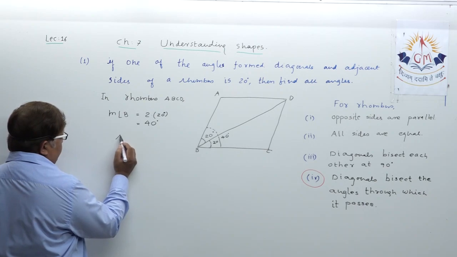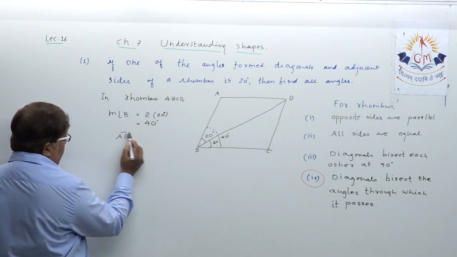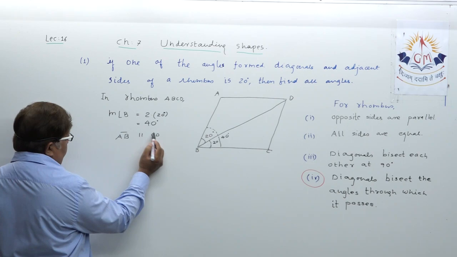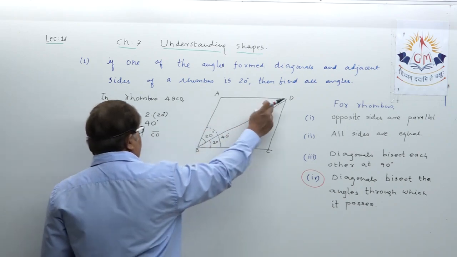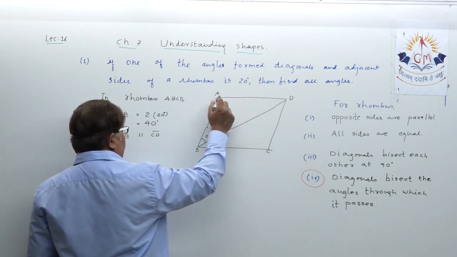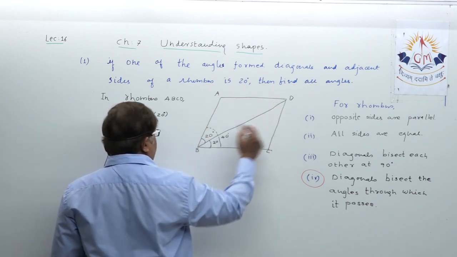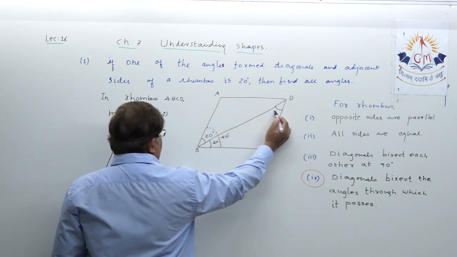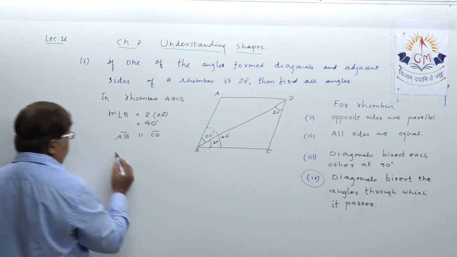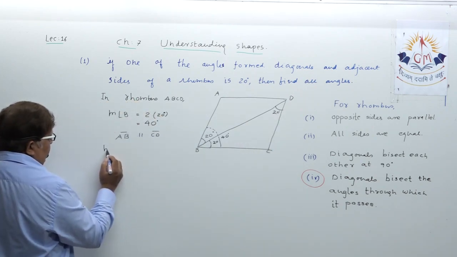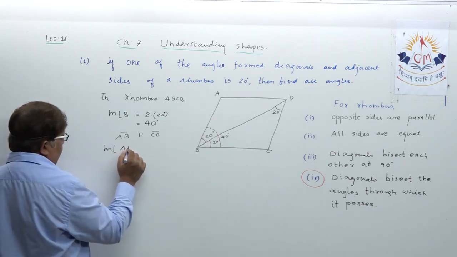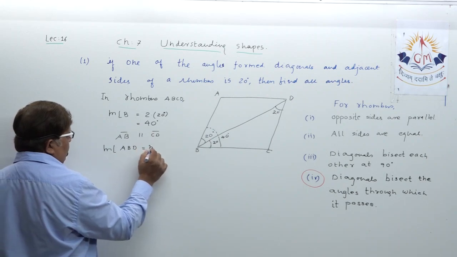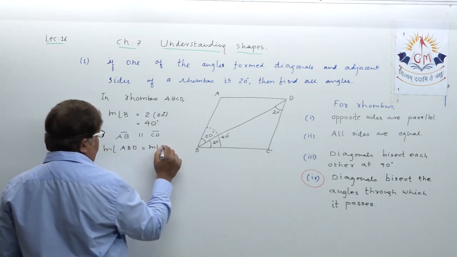AB parallel to CD. That's why, dear student, these two angles, just think of the inverted Z shape, ABDC. So these two are going to be alternate angles. So you can mention measure angle ABD equal to measure angle BDC.